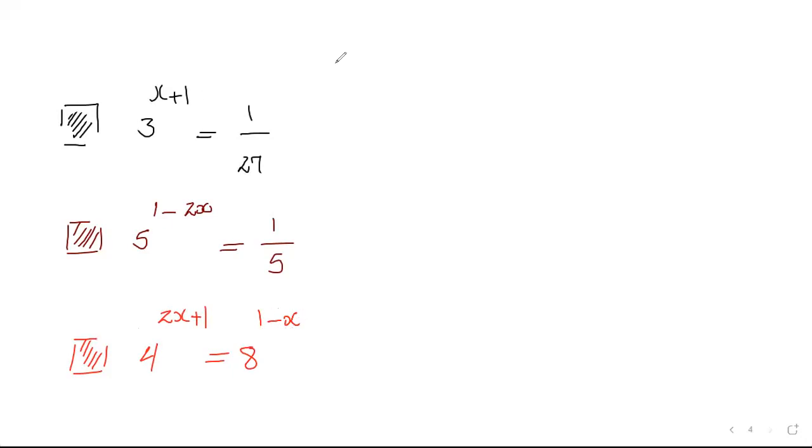And the last one is 4 times 1 over 3 to the power x equals 36. Now, these 4 ones, let's work on them.